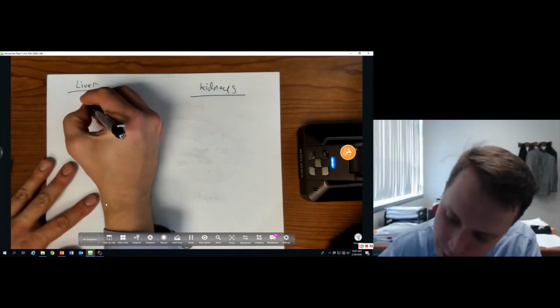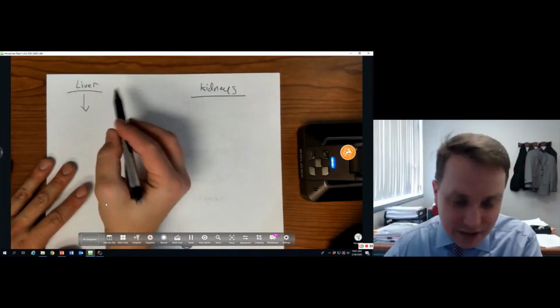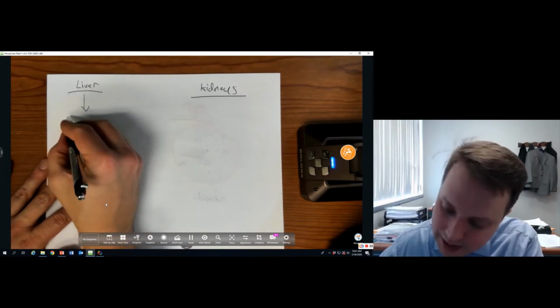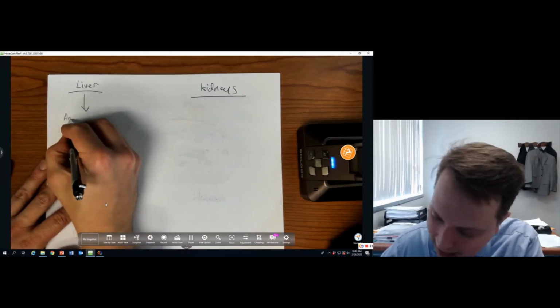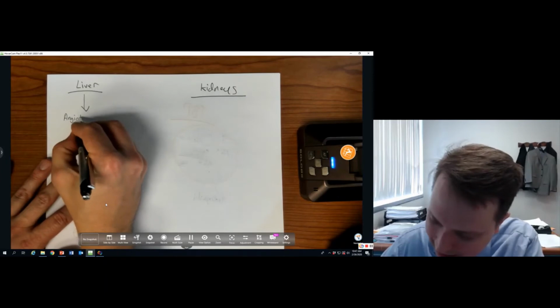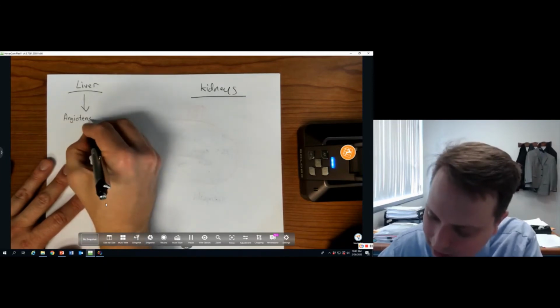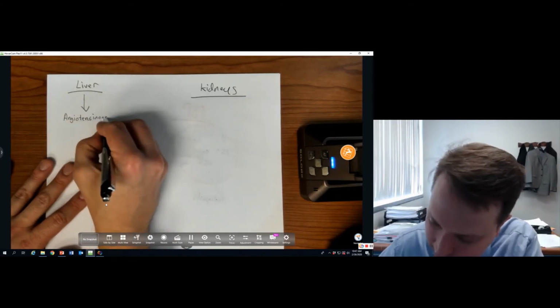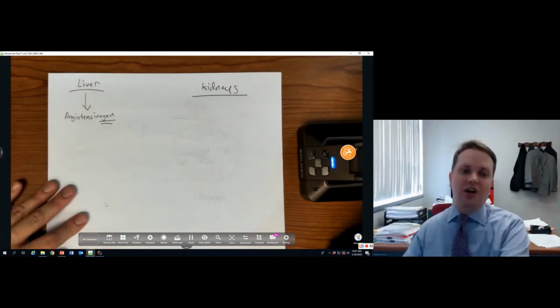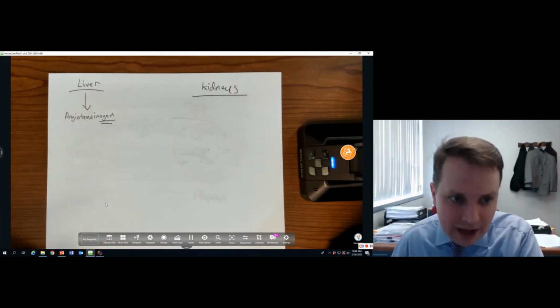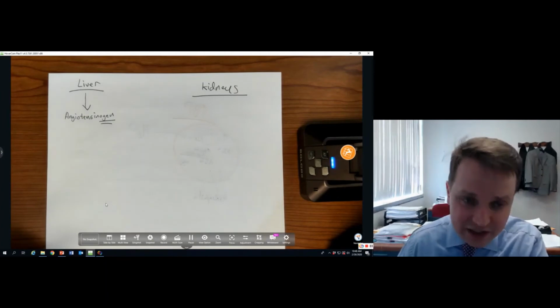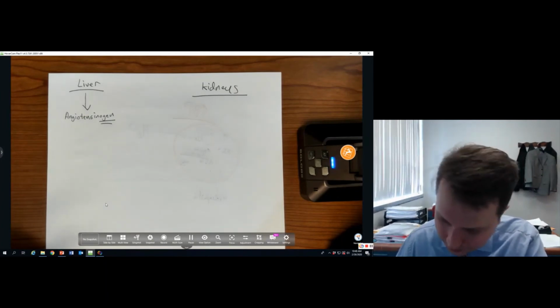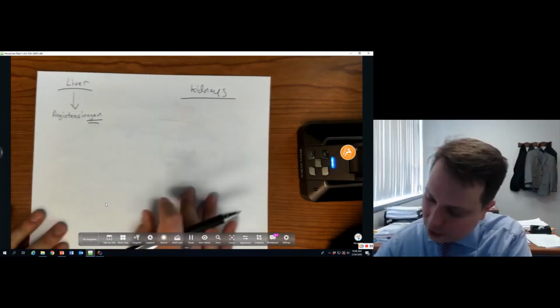One of the proteins the liver makes that's found in the blood is a protein called angiotensinogen. I want you to underline gen. Why? If it's got gen at the end, it's got to be activated or turned on. You're going to ask, how am I going to activate it? Well, we're going to see.